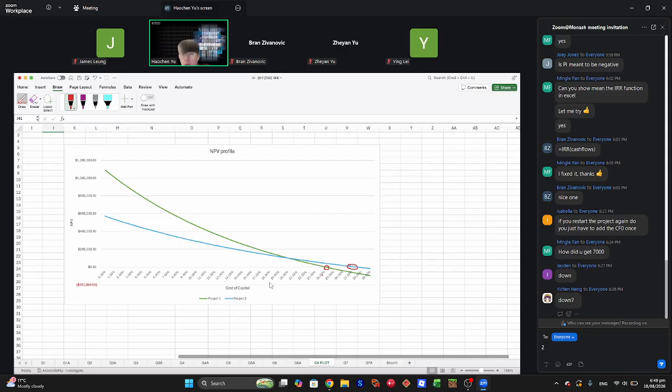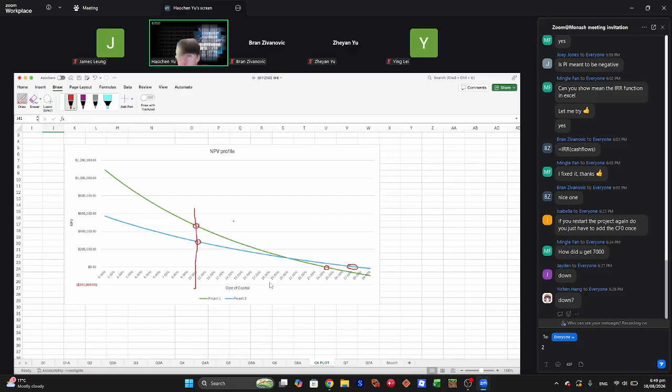But normally, you don't only want to know the safety margin. The safety margin is not the only thing that matters. We also want to know, given the current level of discount rate, whether this project is profitable or not, and which one is better. Back to this question: the discount rate is 10% here. If the discount rate is 10%, we can calculate the NPV of these two projects.